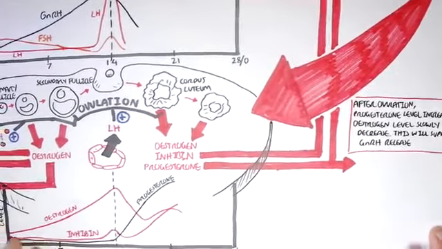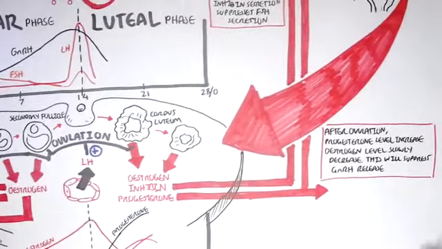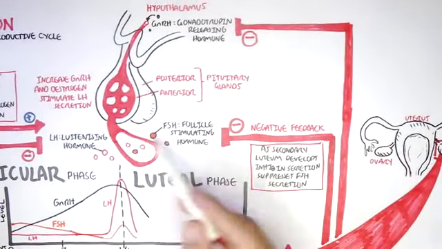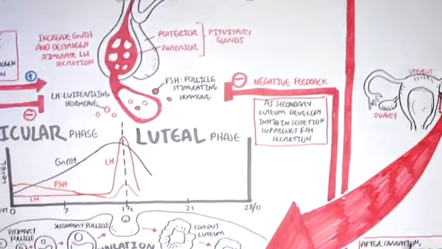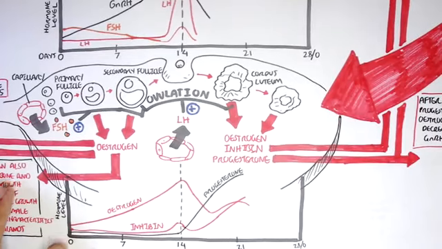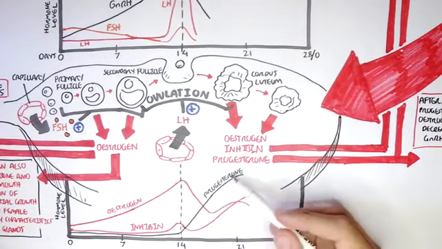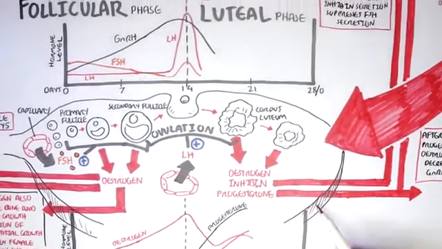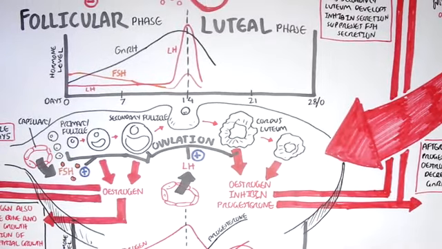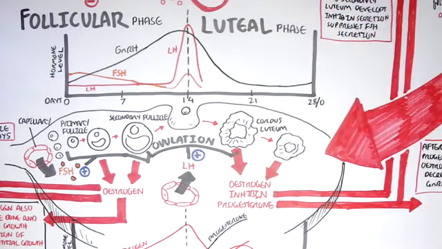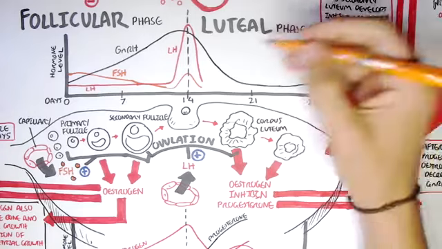And so progesterone will inhibit gonadotropin-releasing hormone release, which will also affect the release of luteinizing hormone and follicle-stimulating hormone. So during the luteal phase, as progesterone and inhibin increase, this will cause a decrease in gonadotropin-releasing hormone, luteinizing hormone, and follicle-stimulating hormone.